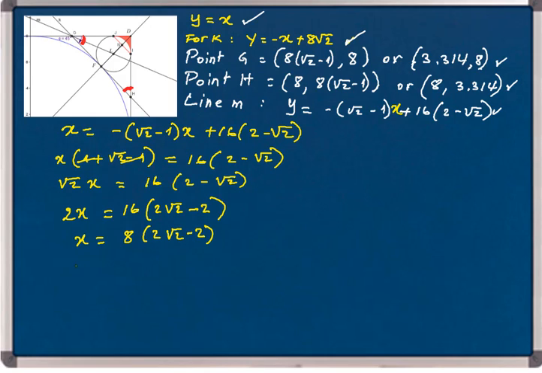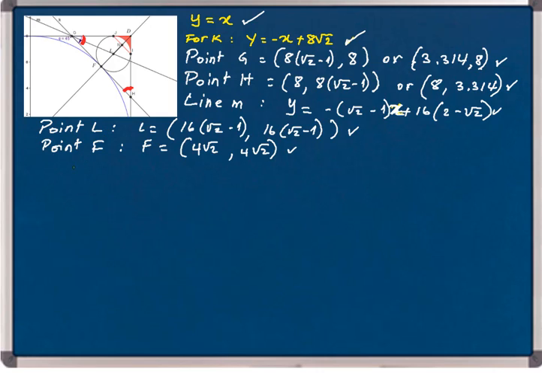You can pull out the 2. x is equal to 16 times square root of 2 minus 1. Okay? But remember, y is equal to x, so y also will be at that point. So xl is equal to that. That means yl is also the same thing, 16 square root of 2 minus 1. Okay?